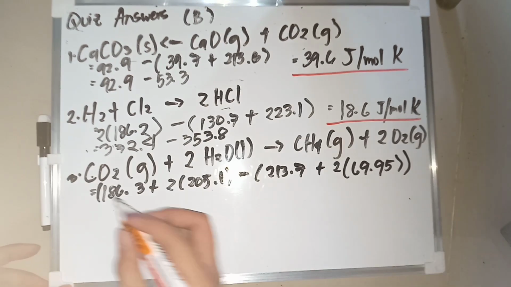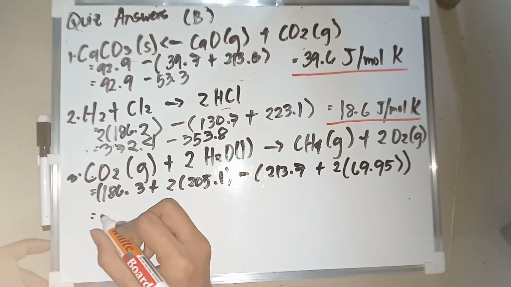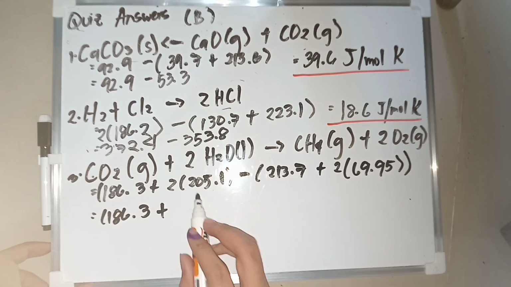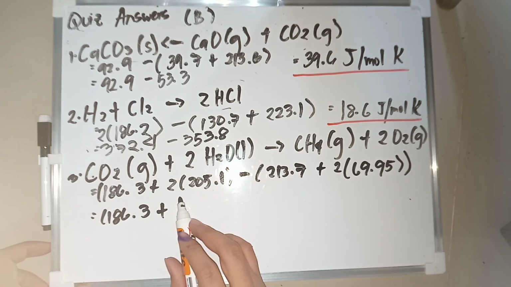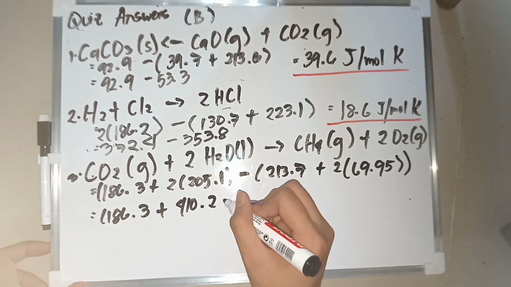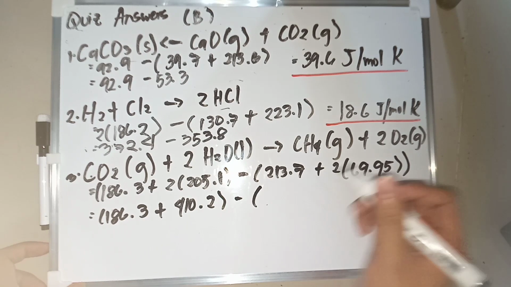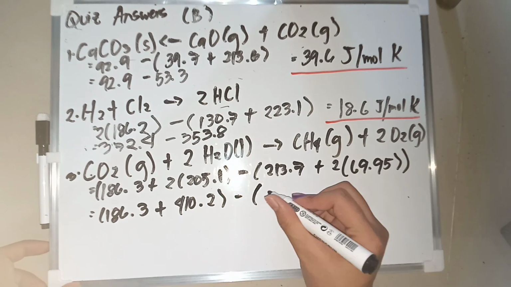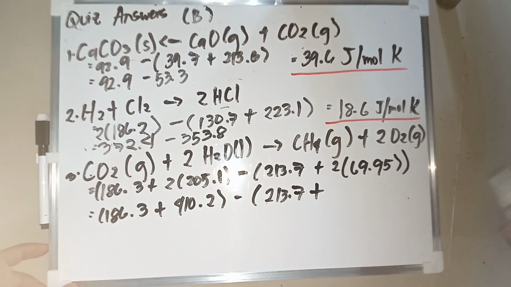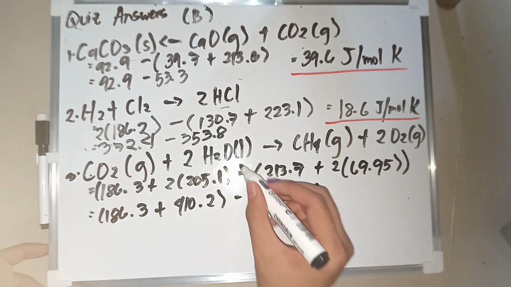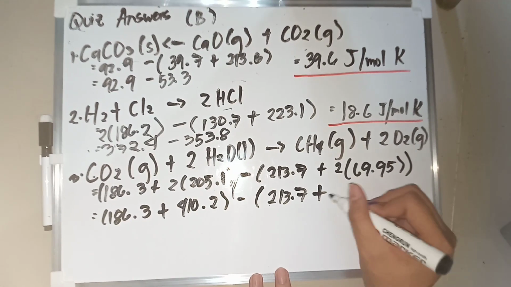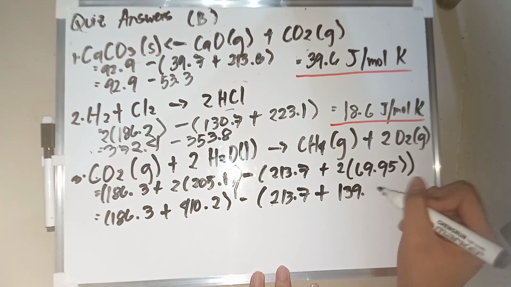Follow again the PEMDAS. 186.3 plus 205.1 times 2 is 410.2, minus 213.7 plus 2 times 69.95, which is 139.9.